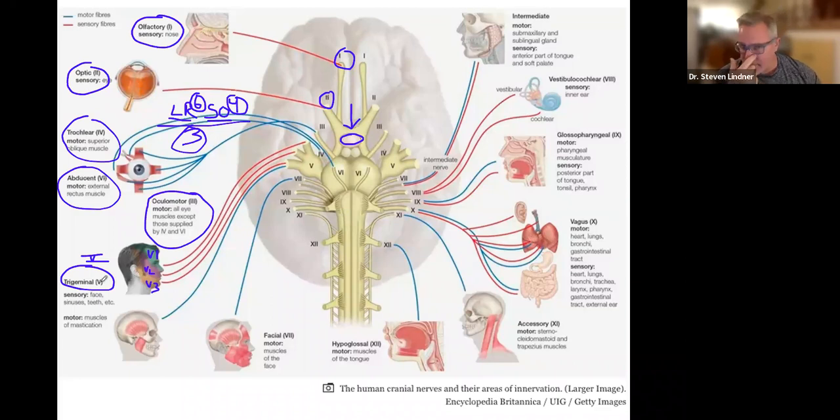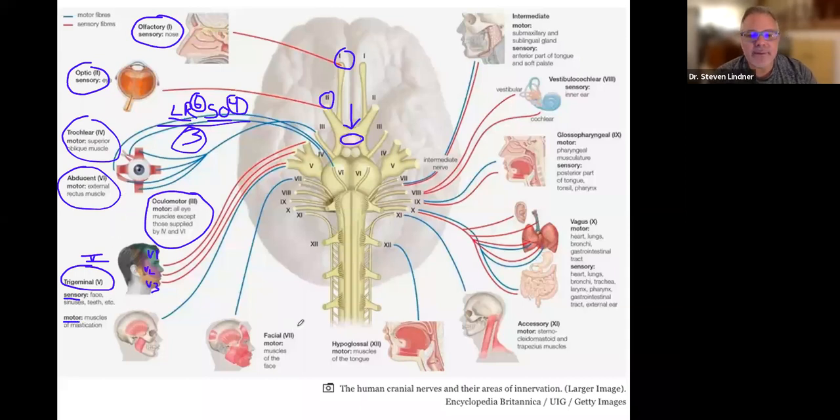Cranial nerve 5 not only deals with sensation, but it deals with the muscles of chewing, the muscles of mastication. They allow you to chew. So trigeminal nerve is both sensory and motor. Sensory to the face, motor to the muscles of mastication or chewing muscles. Okay, so you see here sensory and we see motor.